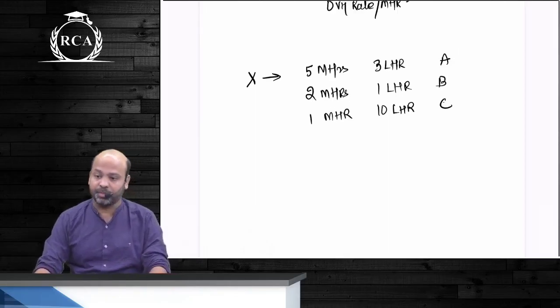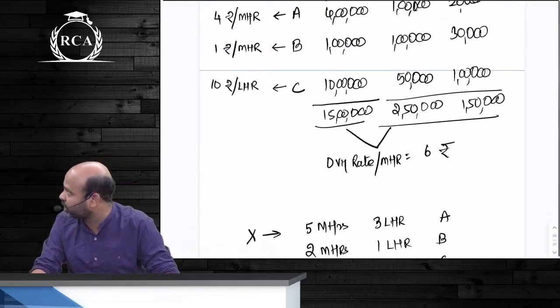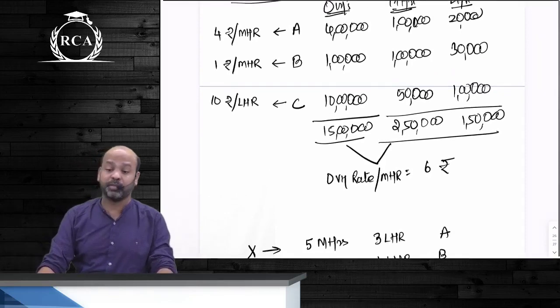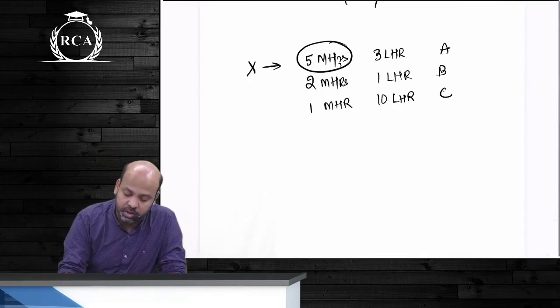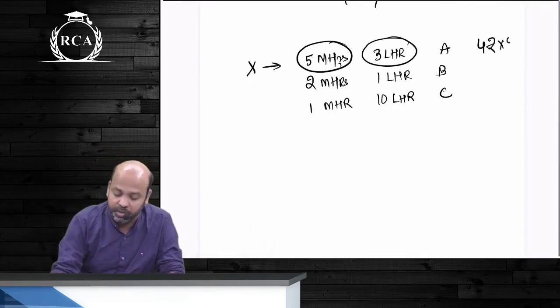If I follow departmental recovery rate of overheads, what will be the amount of overheads that I will allocate from department A to X? 4 rupees per what? So will you consider 5 machine hours or will you consider 3 labor hours? The amount of overheads would be 4 rupees into 5 hours, 20 rupees.